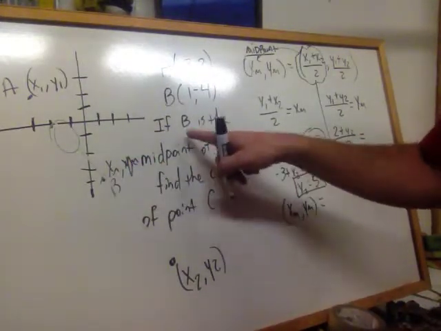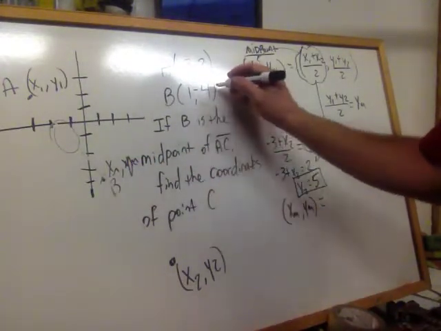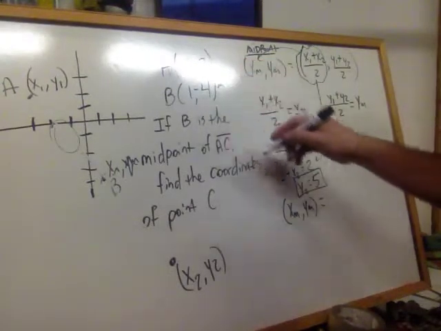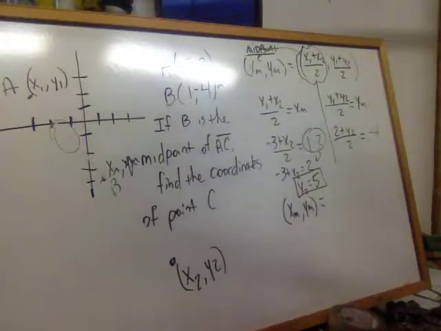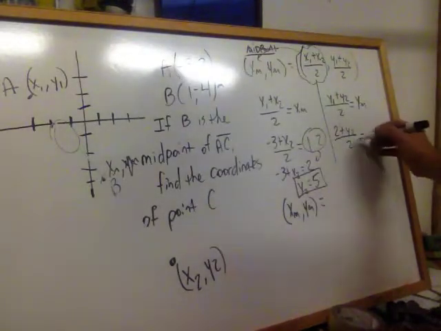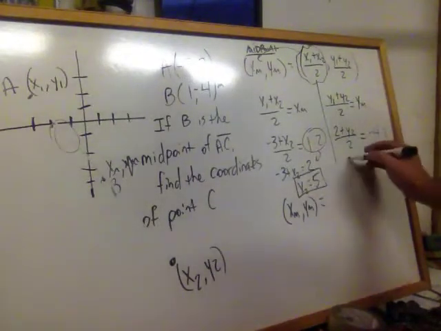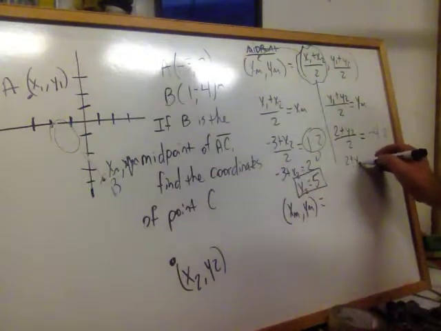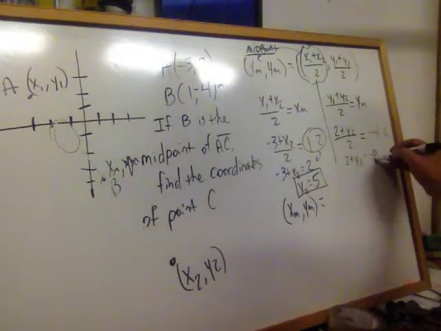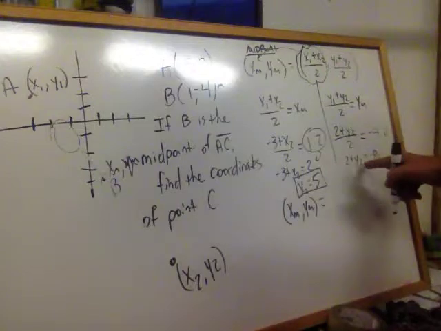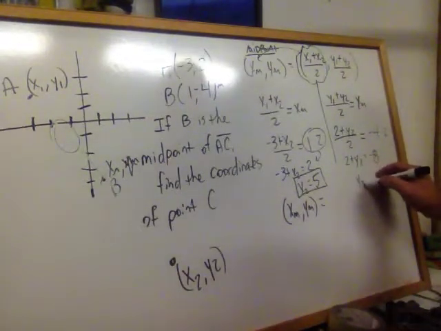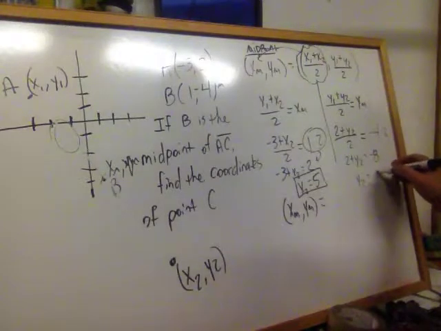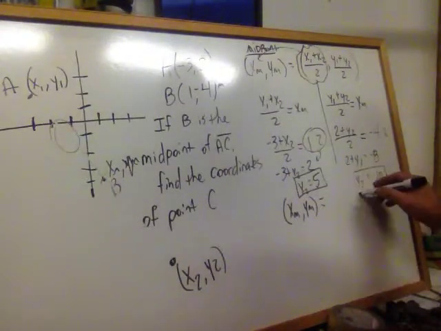If B is the midpoint, so this is your ym, which is negative 4. So the first thing you're going to do is cross multiply. So you're going to put a 2 right there, so that gives you 2 plus y2 equals negative 8. And then you simplify, so you bring the 2 to the right side, so y2 is going to be equal to negative 10. So that is your y2.